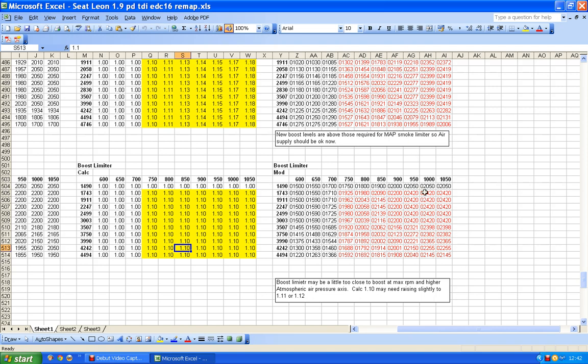So this would be compared to this, and a difference of 50 would be where the cut-off point was for an error, and that would then drop us into limp mode. So it's possible that this increase here is not enough. I must stress that it is possible this is not enough.